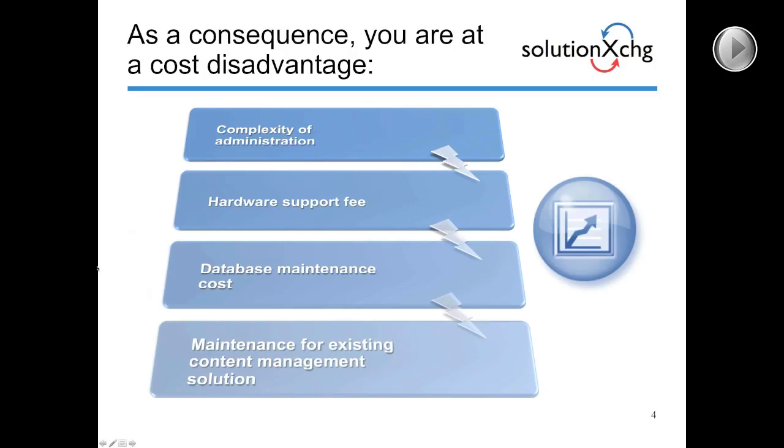So as a consequence, summarizing what I just said, you have a legacy solution, a solution you started using many years ago. There is a certain complexity of administration. It has many moving components. It's a complex client server solution with a database that has maintenance cost to it, with extensive hardware that has cost to it, and a high maintenance payment for the software itself that exists for many, many years.